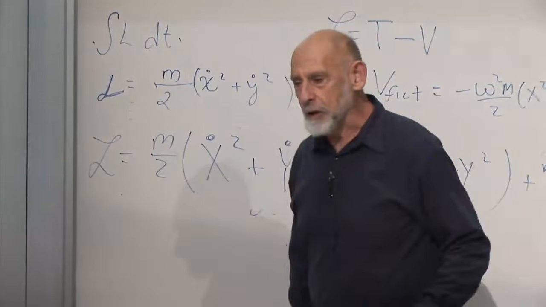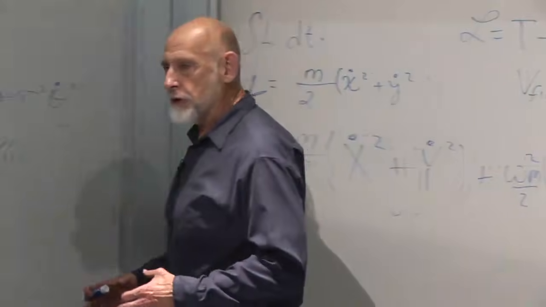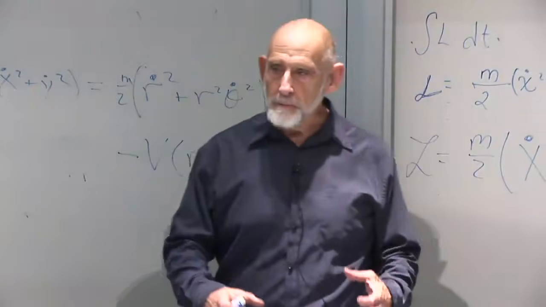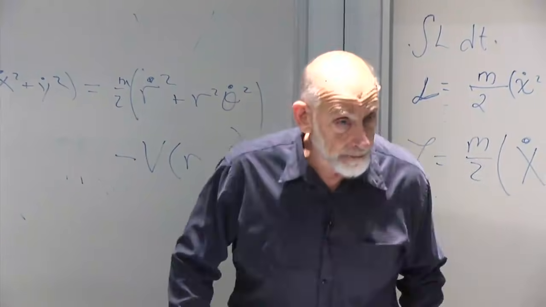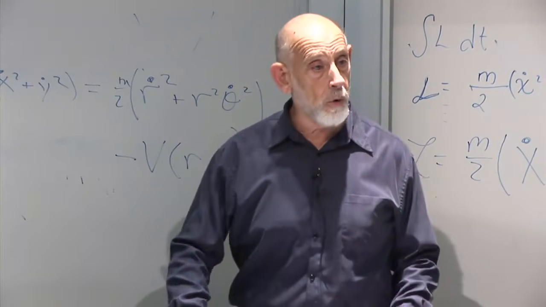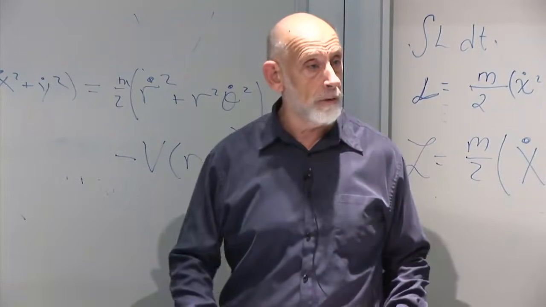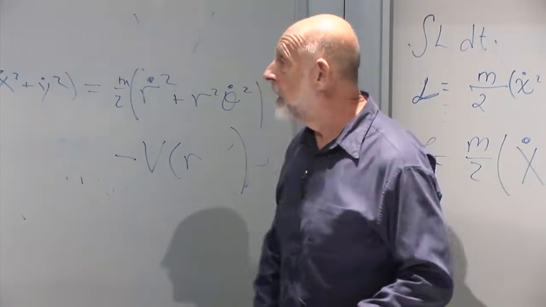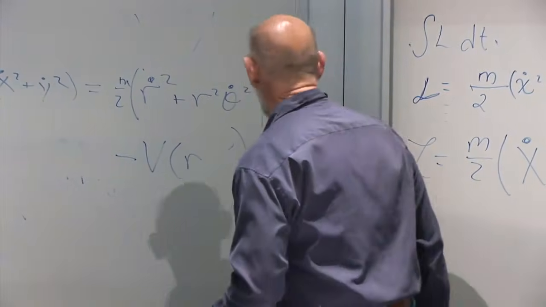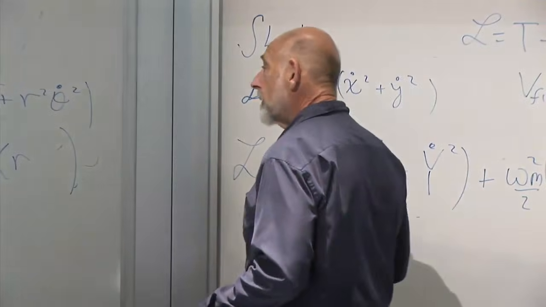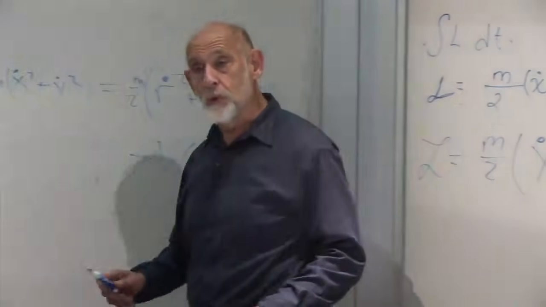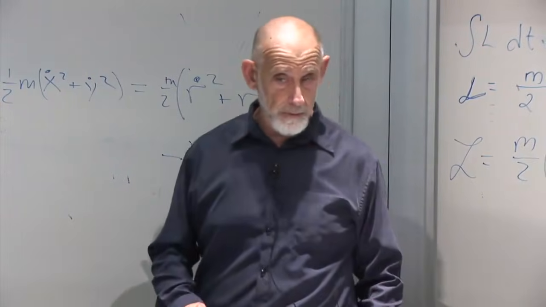Okay, the central points here, what are they? Number one, Lagrangians package problems in a simple and minimal kind of way. One function of all the coordinates and velocities completely determines all of the equations of motion. Number two, the Euler-Lagrange equations are a very efficient tool for changing coordinates.